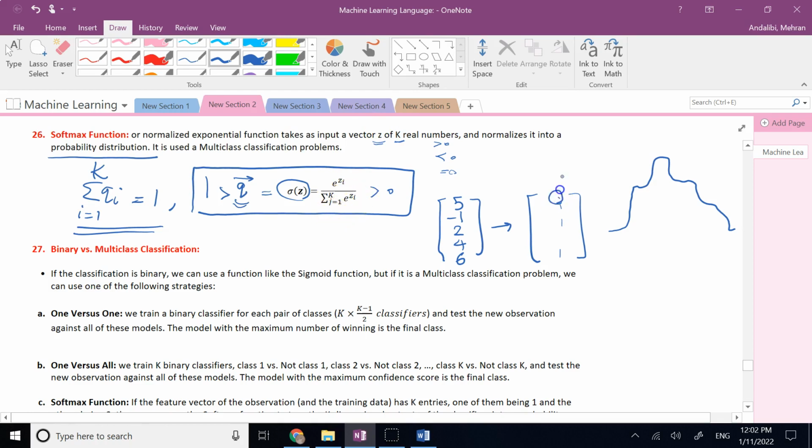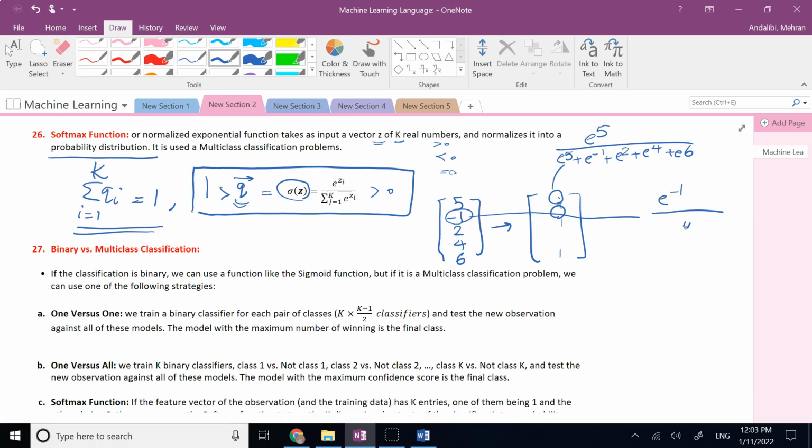So for example, the first number is going to be what? e to the 5 divided by e to the 5 plus e to the -1 plus e to the 2 plus e to the 4 plus e to the 6, right? And then it does the next one, e to the -1 divided by the same denominator, and so forth, right? So that's the beauty of this function, the Softmax function.